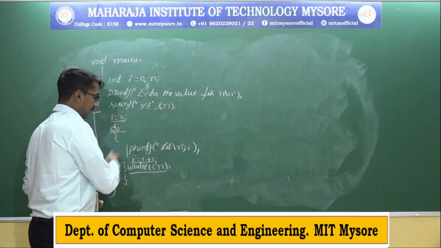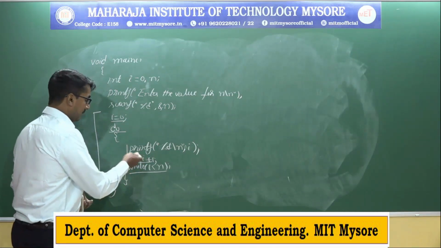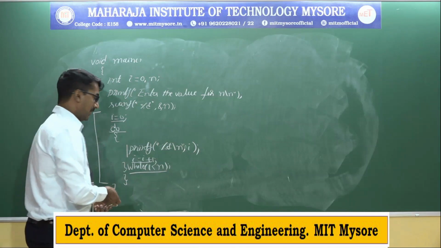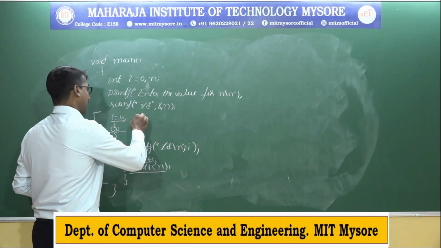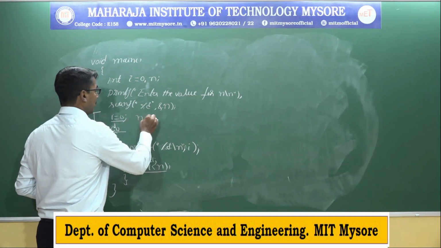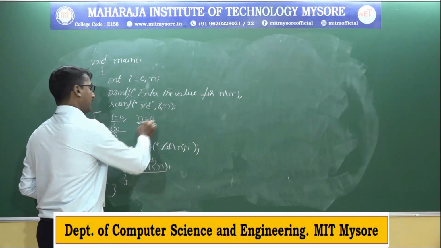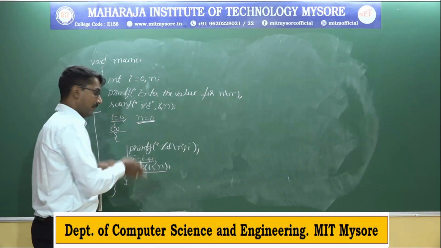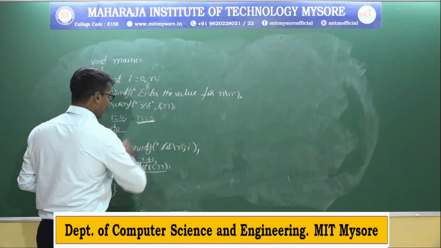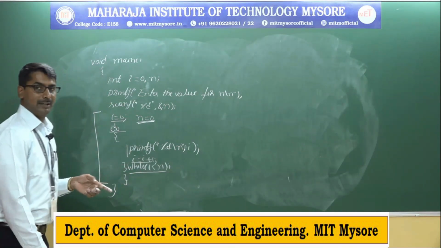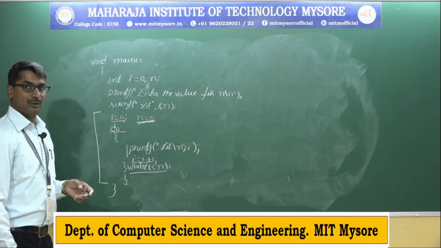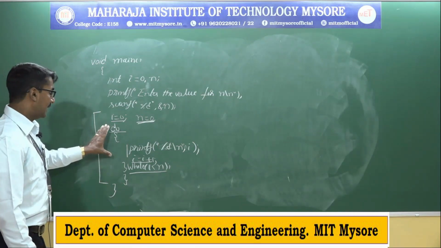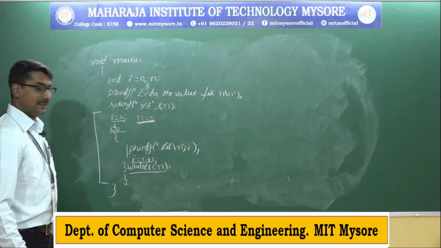So this process will iterate till this condition is satisfied. If you specify n is equal to 0, still the condition is false, but it will execute the body of the loop once. Okay, this is an example program for do while statement.